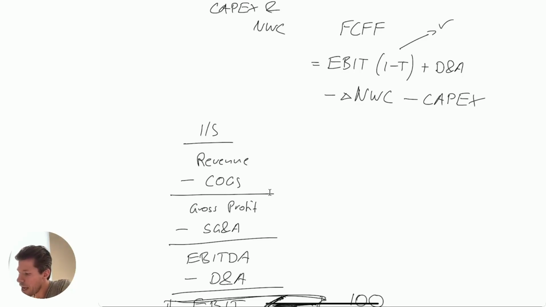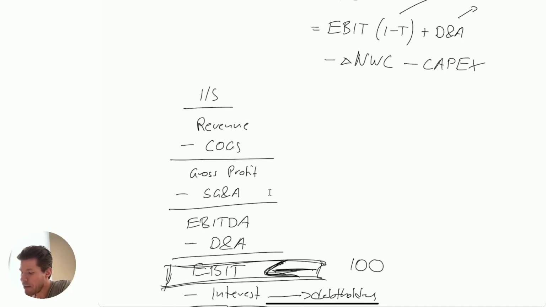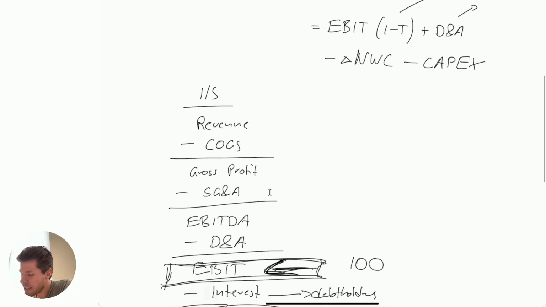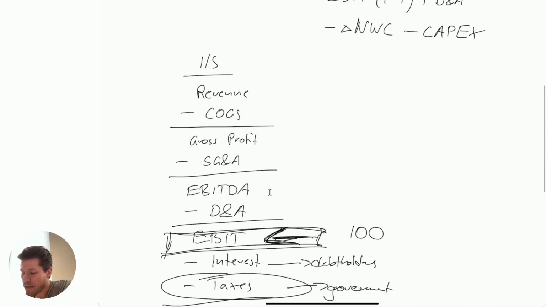So what we do, we add back D&A. D&A is a non-cash item mainly for tax purposes, which we have deducted here, but nothing has happened. So our bank account has not changed, even though we have deducted D&A. We use it for tax purposes if we buy a machine and we depreciate the asset over its useful life.